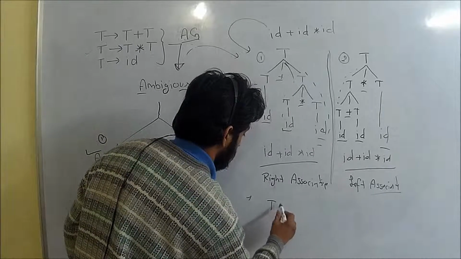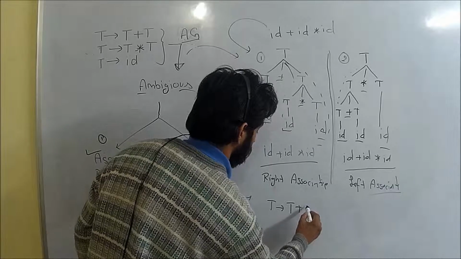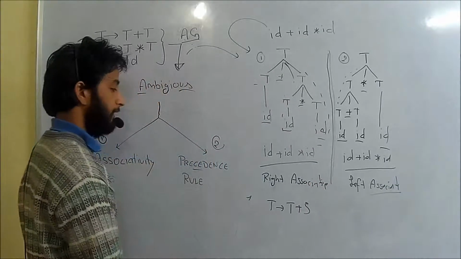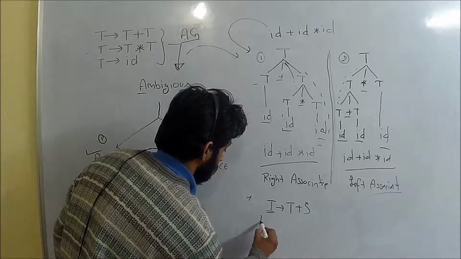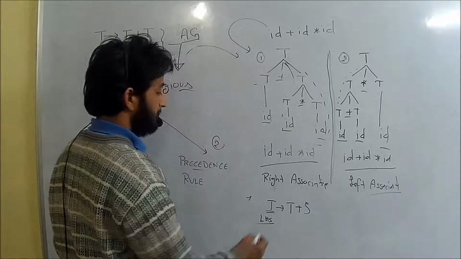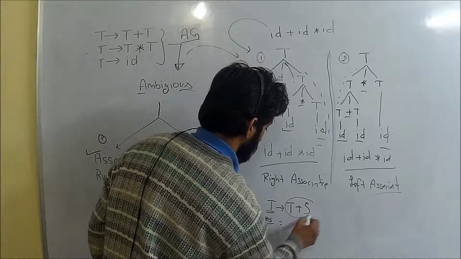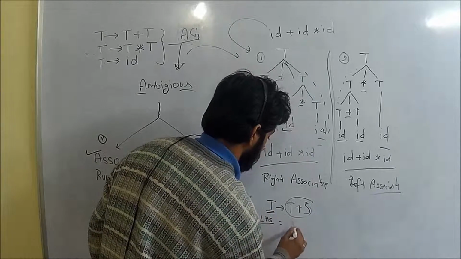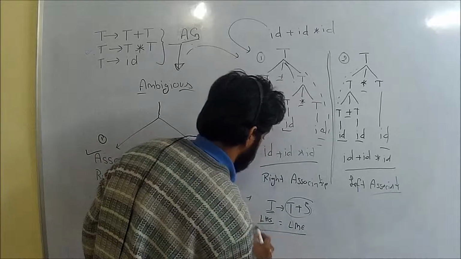Let us understand again. If I have a production T derives T plus S, then the left hand side is equal to the leftmost element.